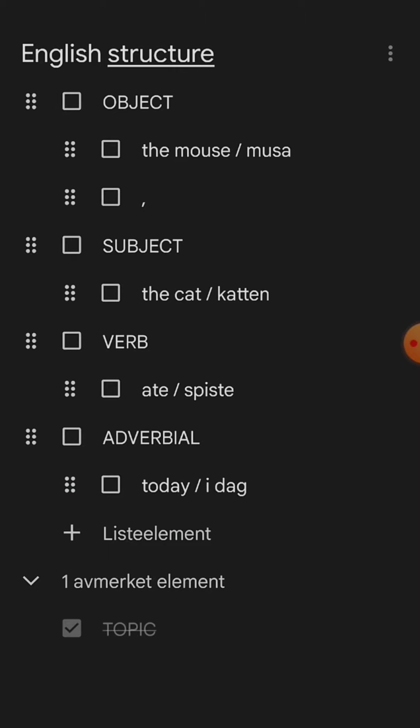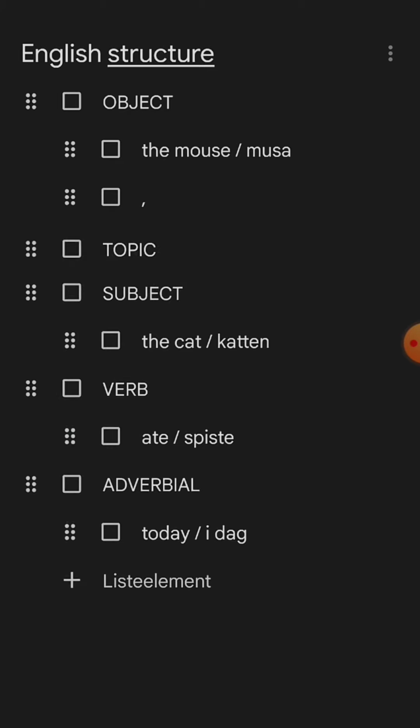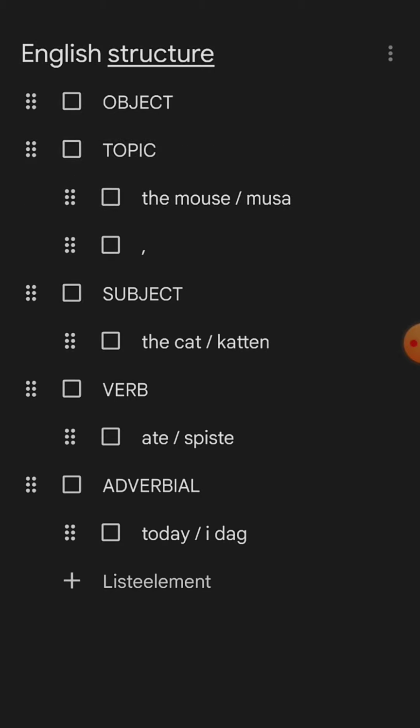It still means the cat ate the mouse, even though English is a subject-verb-object adverbial language. So what's going on? That would be the topic. What's actually happening is that the object has moved into the topic slot.